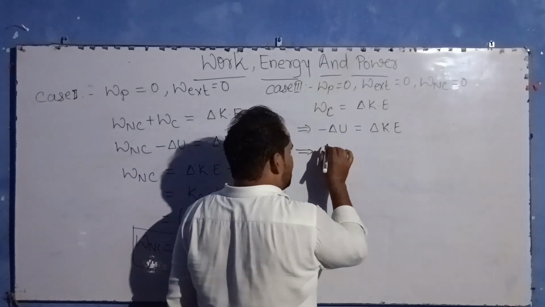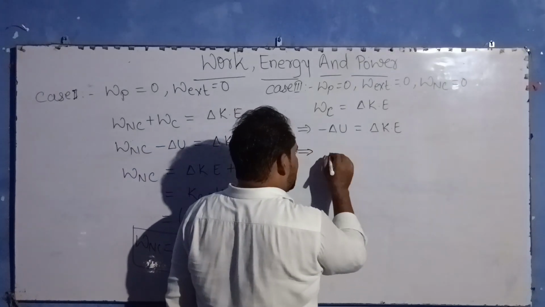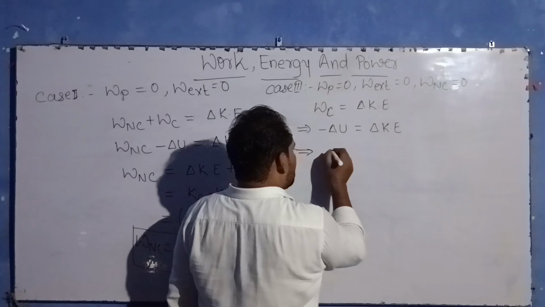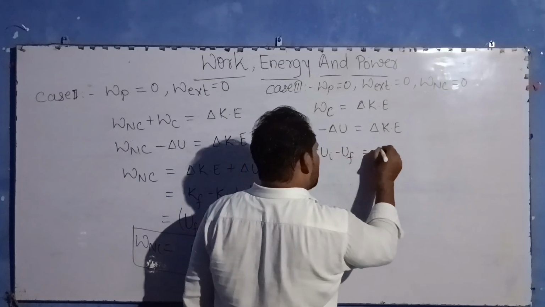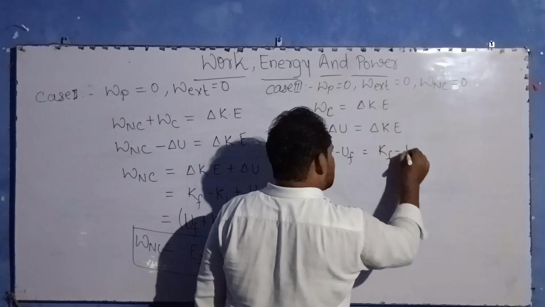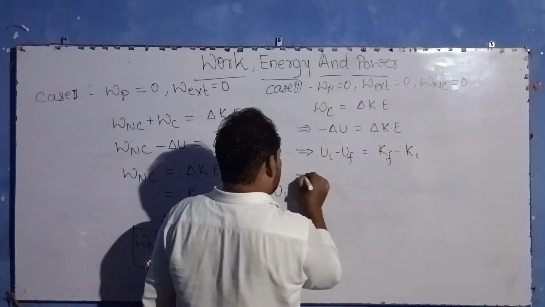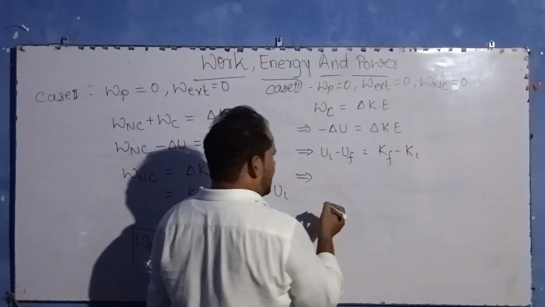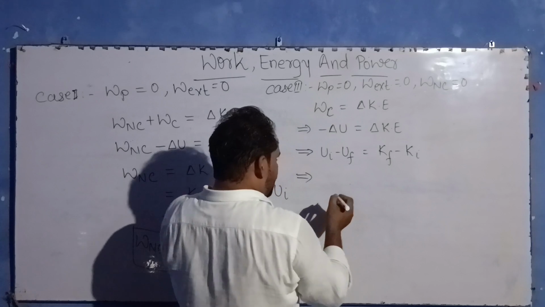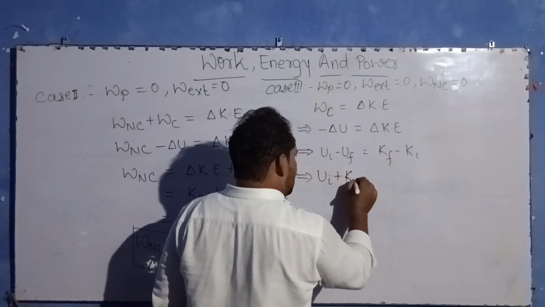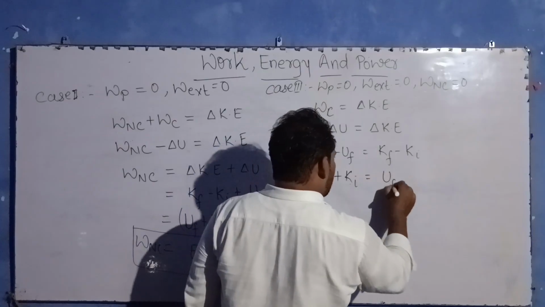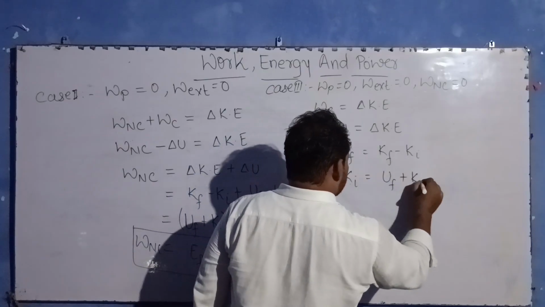By further simplification we get U initial minus U final is equal to K final minus K initial, which can also be written as U initial plus K initial is equal to U final plus K final.